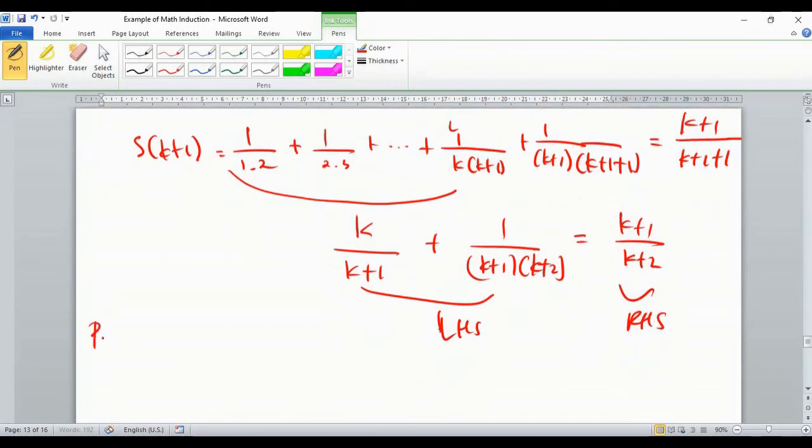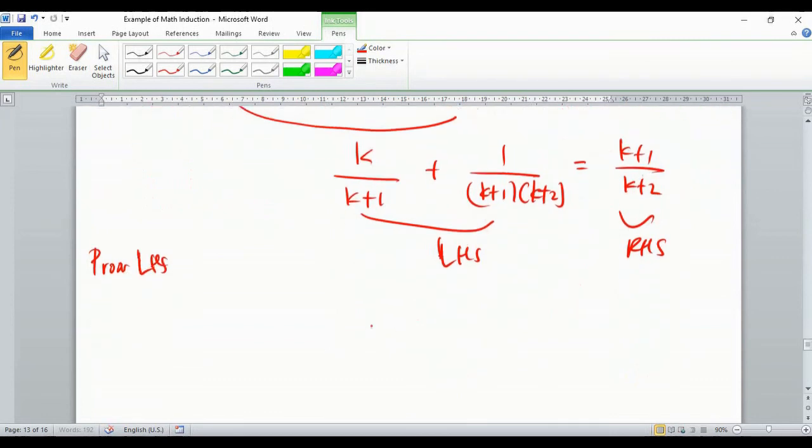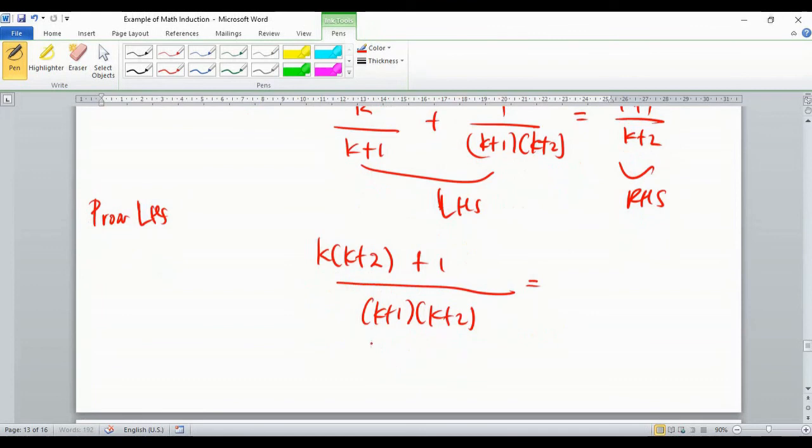I want to prove the left-hand side. So to prove the left-hand side, we make the same denominator, (k plus 1)(k plus 2). So this one is k times (k plus 2) plus 1. Okay, then it will be equal to k squared plus 2k plus 1 over (k plus 1)(k plus 2).